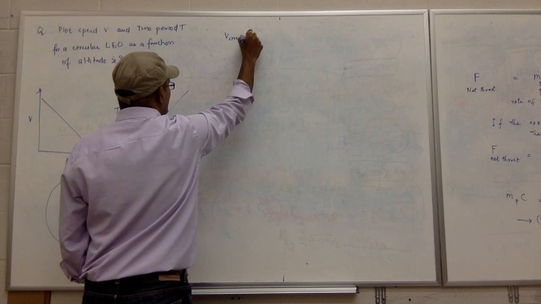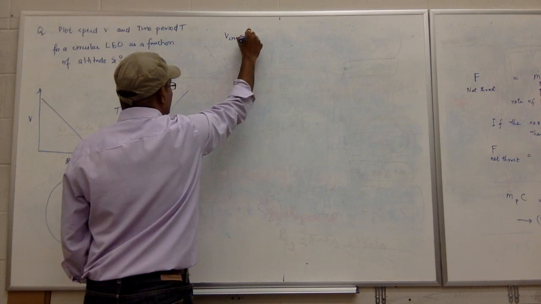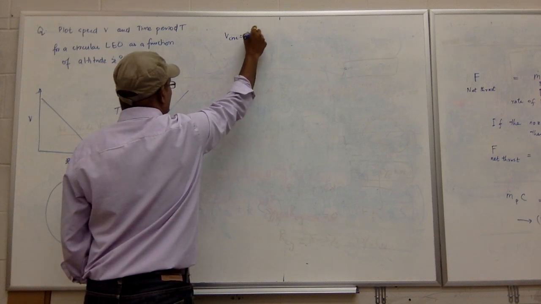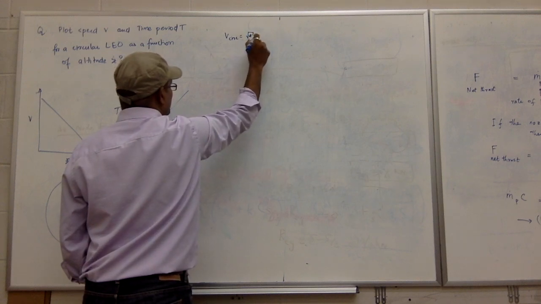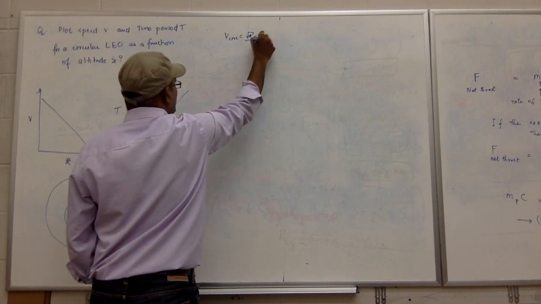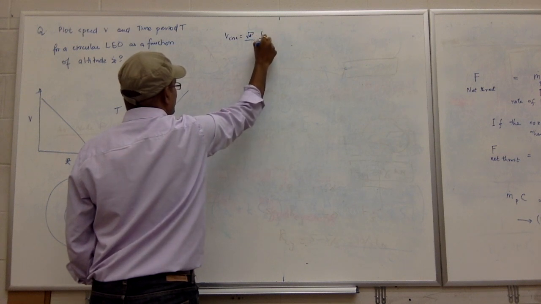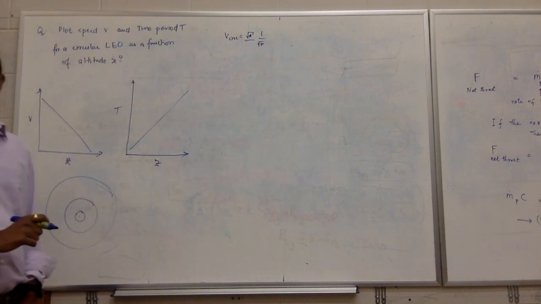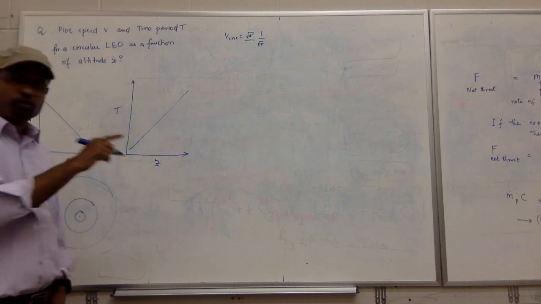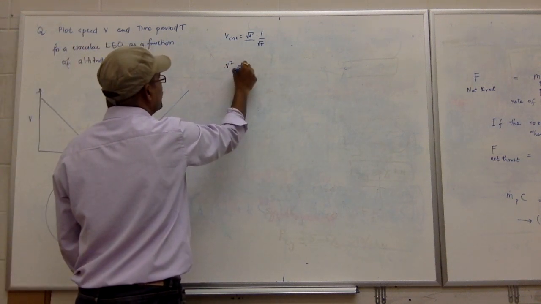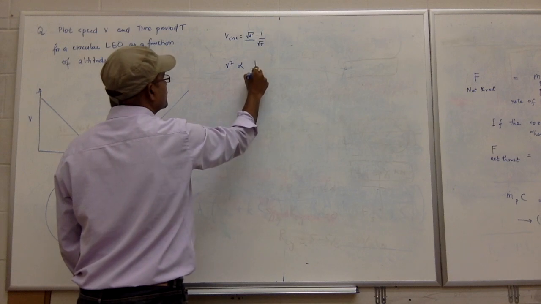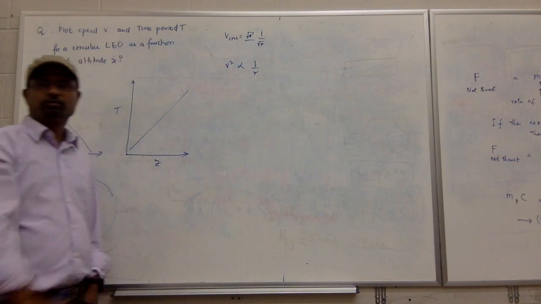Square root of mu over r, right? So do you see this v square is proportional to 1 over r.